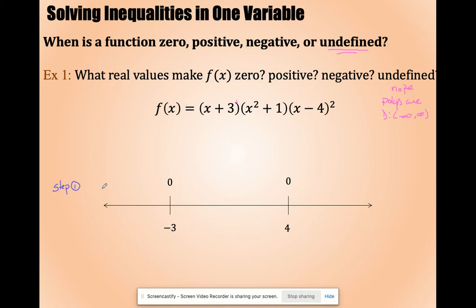And this number line work is going to come up again in calculus, where you are investigating what makes an equation equal to 0, and then using 0 as the great divide between the positives and negatives. So step 1, make a number line with the values that create 0.